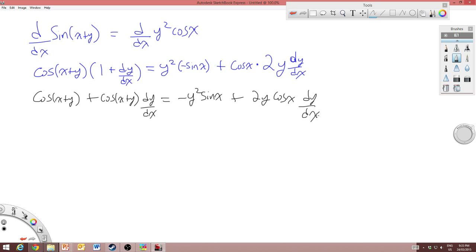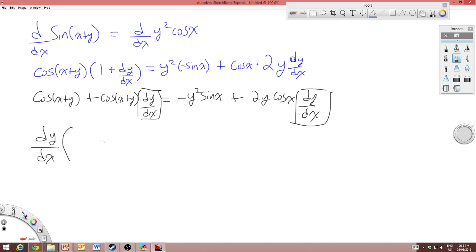Okay. Some more algebra because we still need to isolate my dy dx, because we want to find the derivative of my function, and the derivative is just dy dx. So we're going to bring this to the left side and then factor out the dy dx. I'm going to bring this to the right side. So let's bring the dy dx to the left and factor it out.